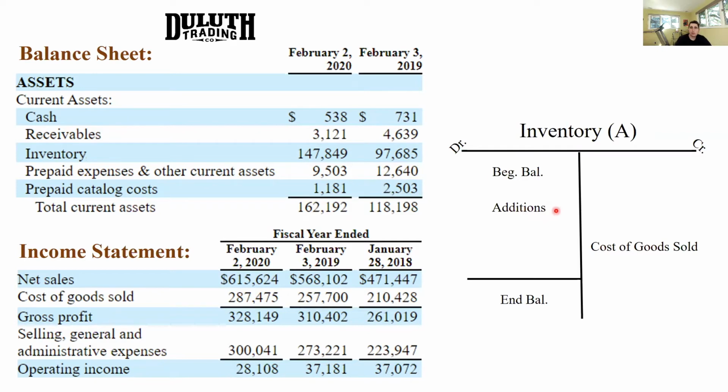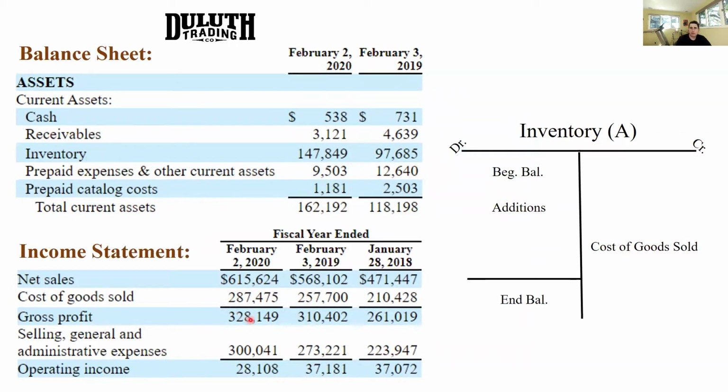Then when Duluth sells inventory, say they sell it for cash, it's a debit to cash and a credit to revenue for the sale. And then you have to also take the inventory off your balance sheet. So it's a credit to the inventory account and a debit to cost of goods sold. So here is the credit to the inventory account, and the debit to cost of goods sold shows up right here on the income statement.